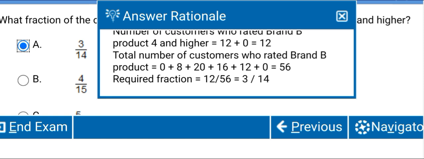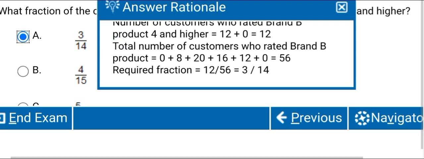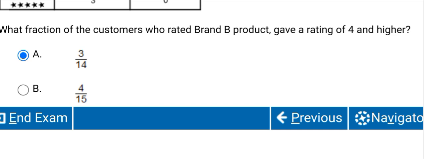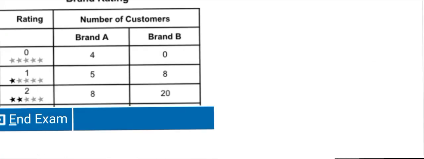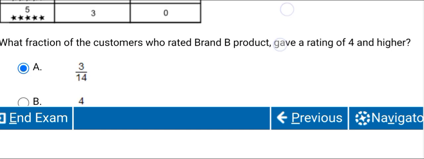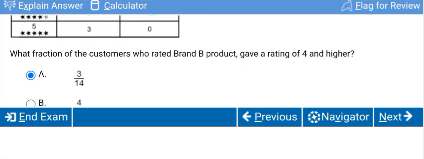So required fraction equals 12 divided by 56 equals 3/14. So that's how we have the correct option, option A, that is 3/14, the fraction of the customers who rated brand B product gave a rating of 4 and higher.